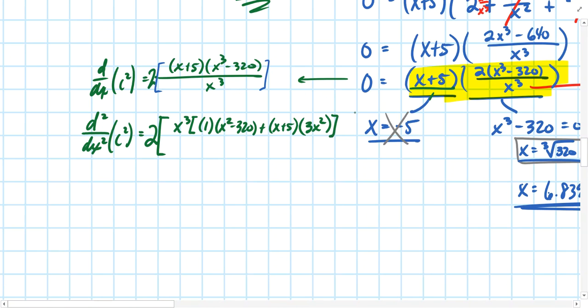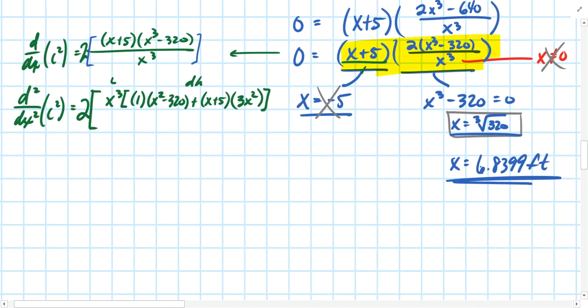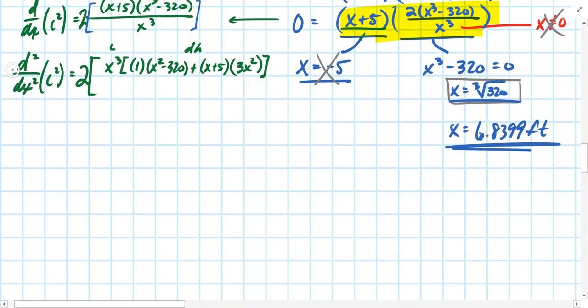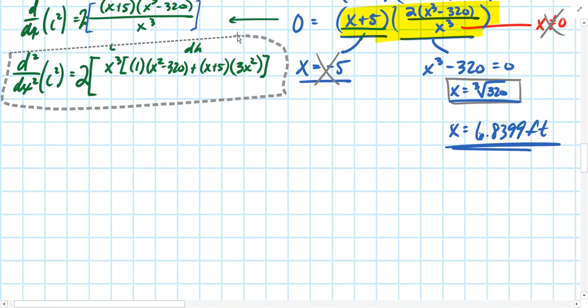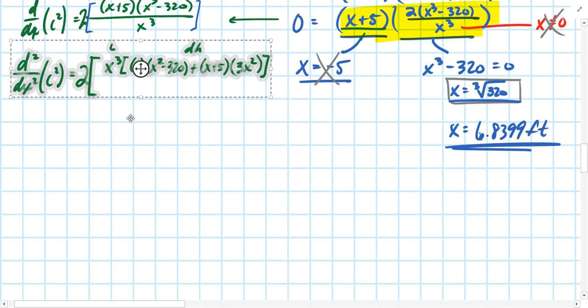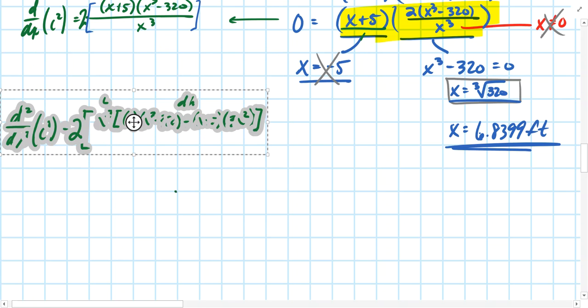So that's the first part of our quotient rule. We've got low, and then the derivative of the high function. Now we need to subtract the high function times the derivative of the low function. I'm clearly running out of room, so I'm going to cheat a little bit with my electronic ink here and slide this down.